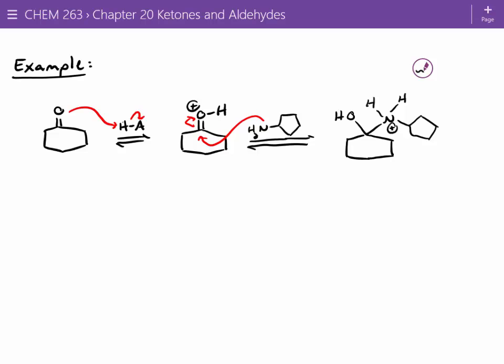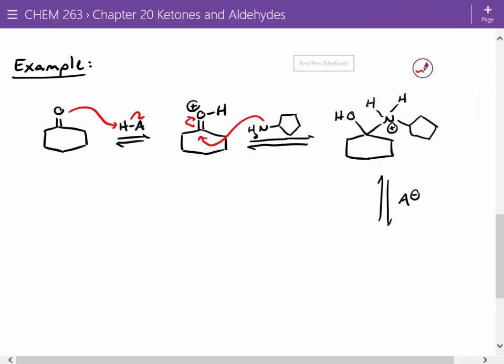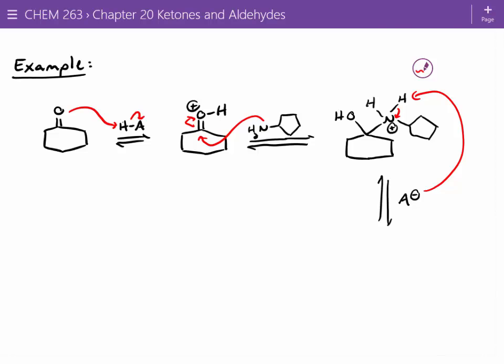We have a positive charge on there. So the next step would be our conjugate base, which can come and deprotonate our amine. Push down electrons. That'll get rid of that positive charge on there.